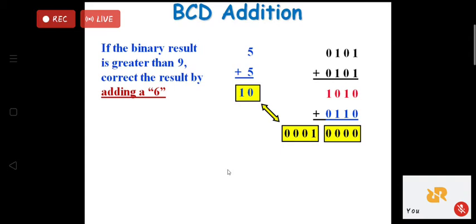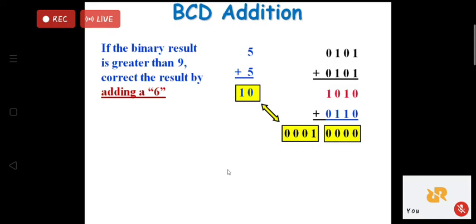Then we have got the carry, which I will write separately, and I will make it 4 bits by appending the remaining bits as 0.